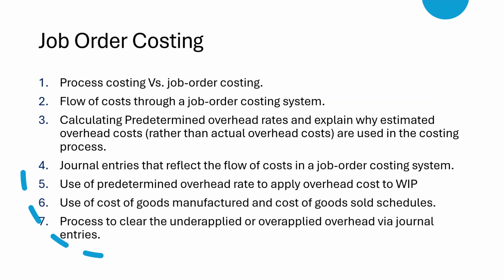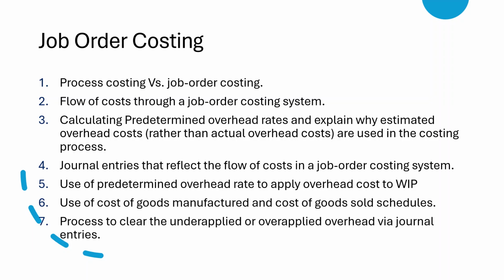Any direct cost, as you know from the previous chapter, is easy to determine because it varies with the number of projects you're going to be working on. But overhead is something you cannot determine until the end of the year. So we look at the predetermined overhead rate, calculate an estimated rate, and apply it to each of the jobs as we move forward. We're going to go through how we calculate that rate and how we apply it in a costing system.